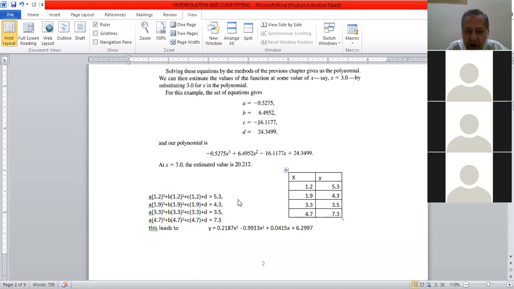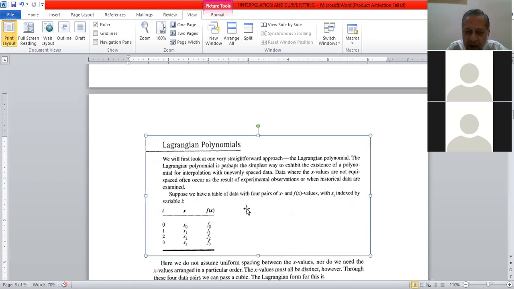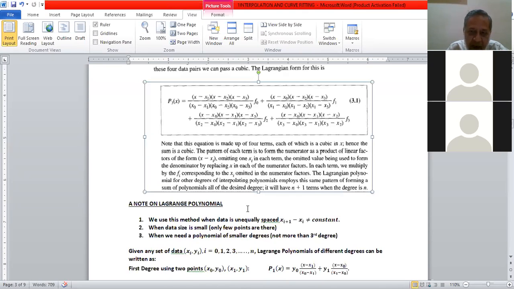If you have 10 points, you can obtain an equation of a 9-degree polynomial. But this is not the smartest thing that we can do. Smarter things are interpolating polynomials. The first we studied was due to the Lagrange formula.